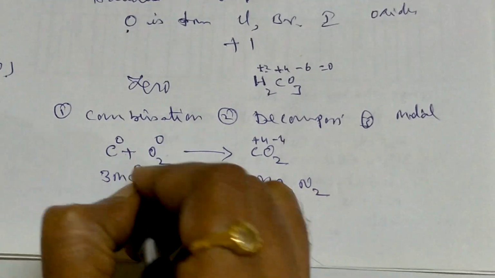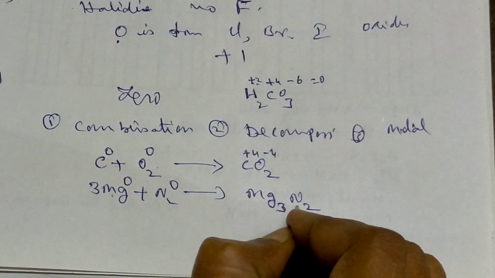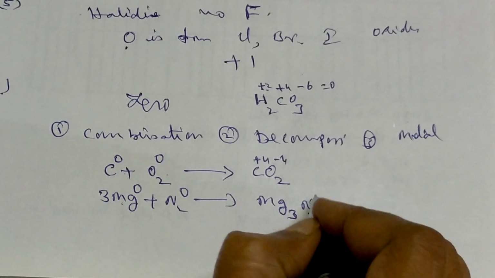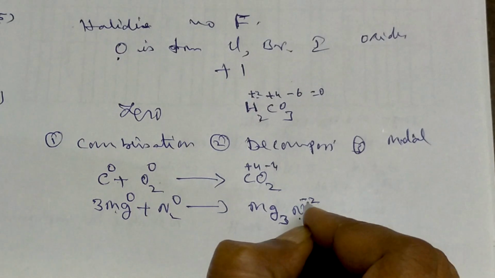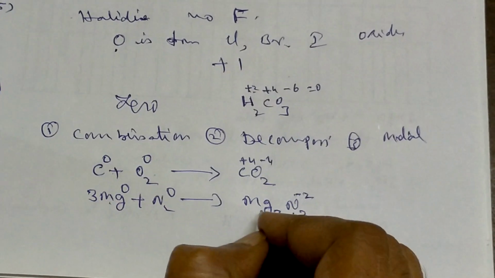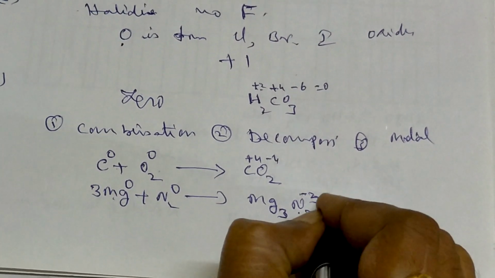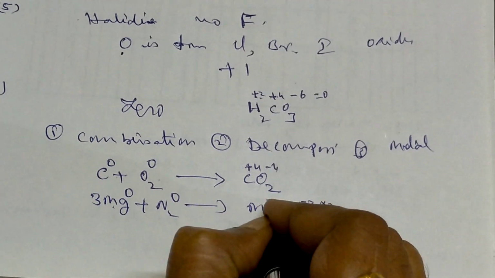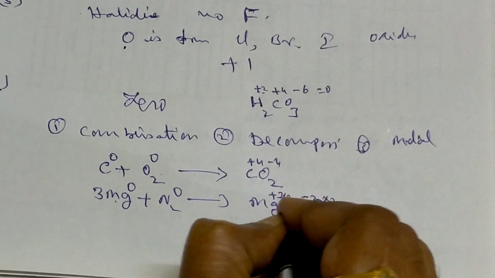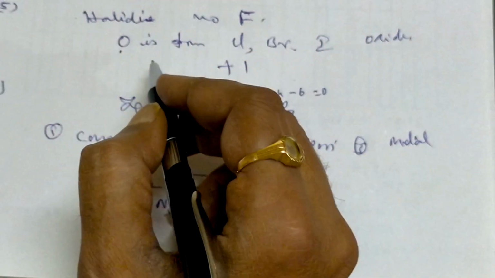Here also 0, 0, by rule number 1. Nitrogen is -3, -3 times 2 is -6; magnesium is +2, +2 times 3 is +6. Total is 0. Both are matching.